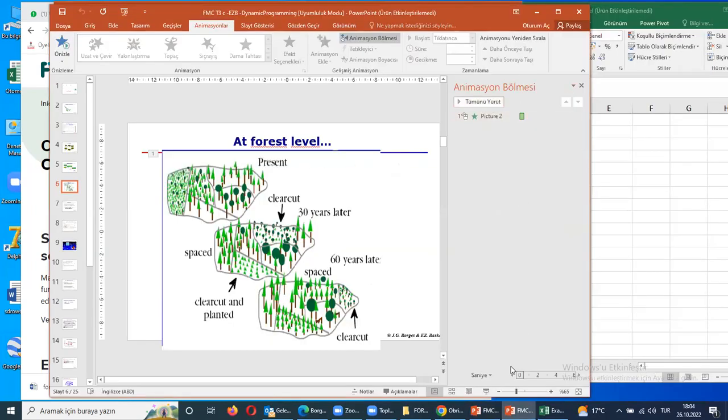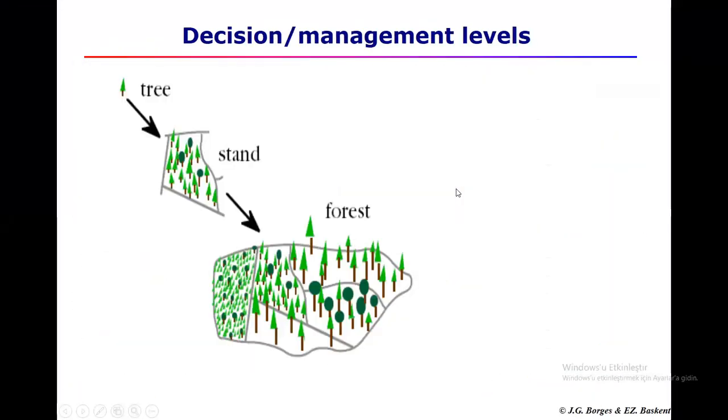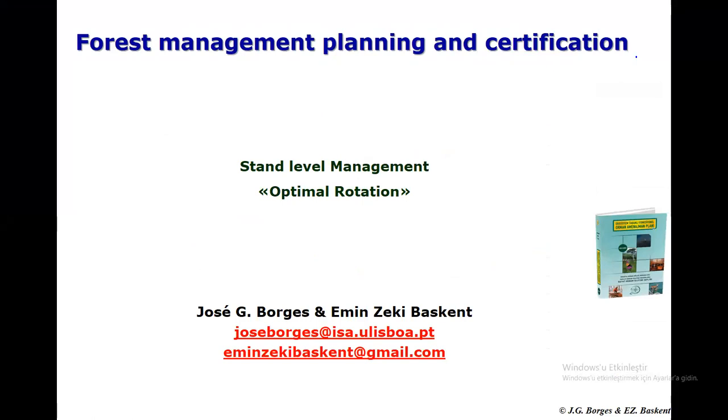So we are coming to a point where we will be using the decision criteria or other tools to make stand level management decisions. What we mean by stand level management is that we are required to find the appropriate set of management alternatives, the management regime, and try to find the optimal rotation.